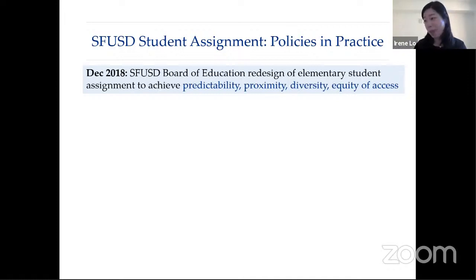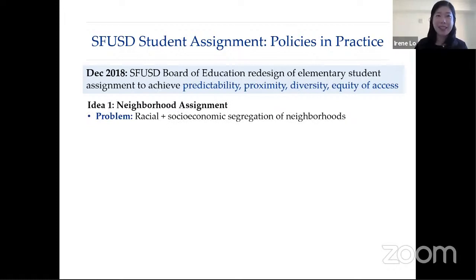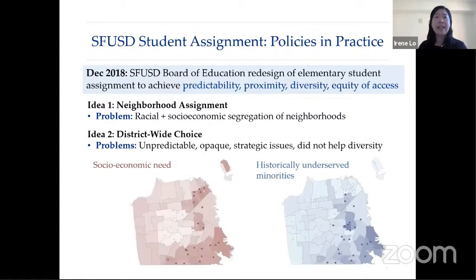What kind of ideas might you have? The first obvious idea that's used in a lot of places is neighborhood assignment. In San Francisco, the problem is that racial and socioeconomic segregation of neighborhoods would then be persisted into schools. The second idea that's been used for over a decade in San Francisco is district-wide choice.